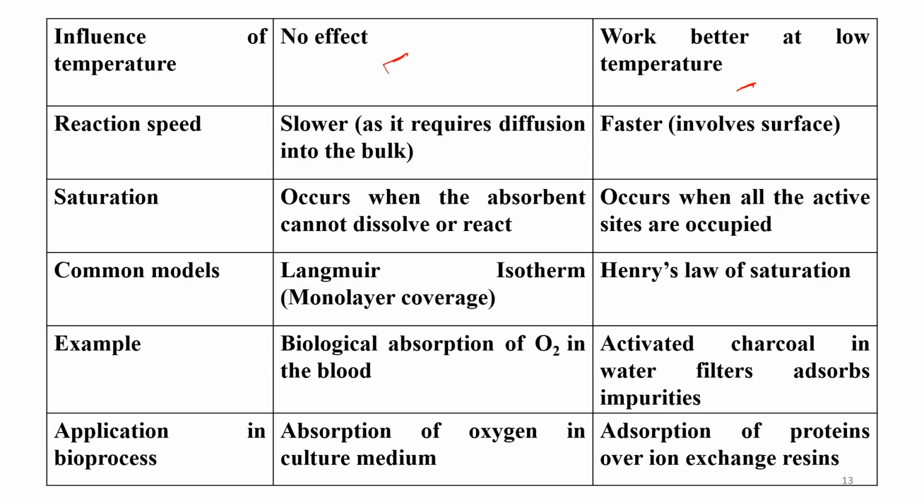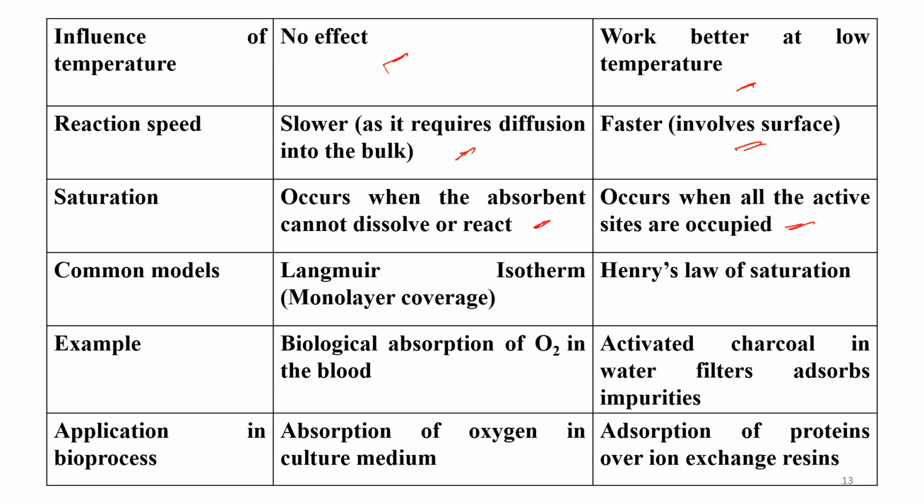Reaction speed: absorption is slower because it requires diffusion into the bulk, and adsorption is typically faster because it takes place only at the surface. Saturation: absorption saturates when the absorbent cannot dissolve or react further, and adsorption saturates when there is no more active surface available for more adsorption to take place.